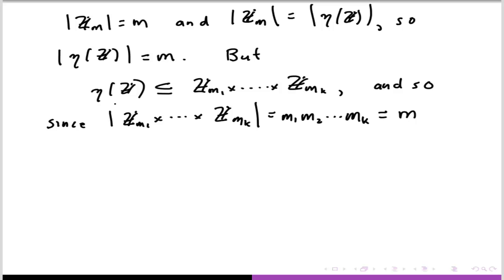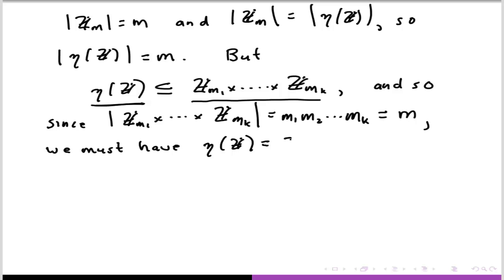You've got m elements on the left, right here, and you've got m elements on the right-hand side, and since this is a subset of the right-hand side, these two sets must be equal. We must have eta of Z equals Zm1 cross ... Zmk, completing the isomorphism.